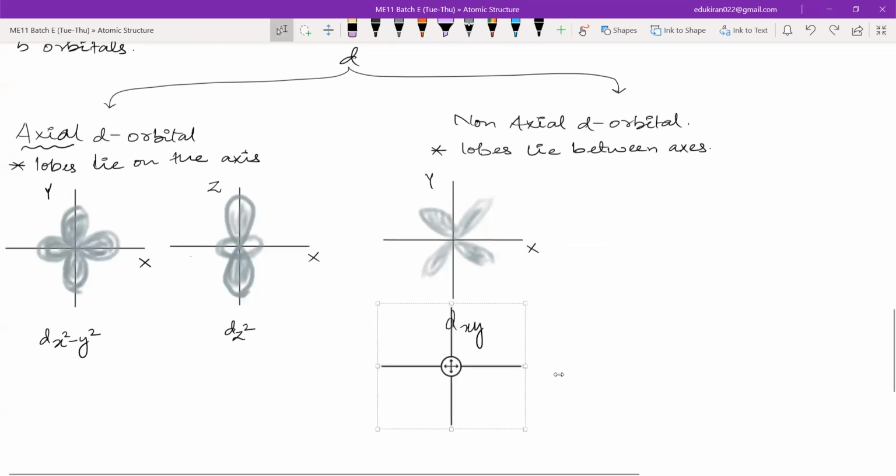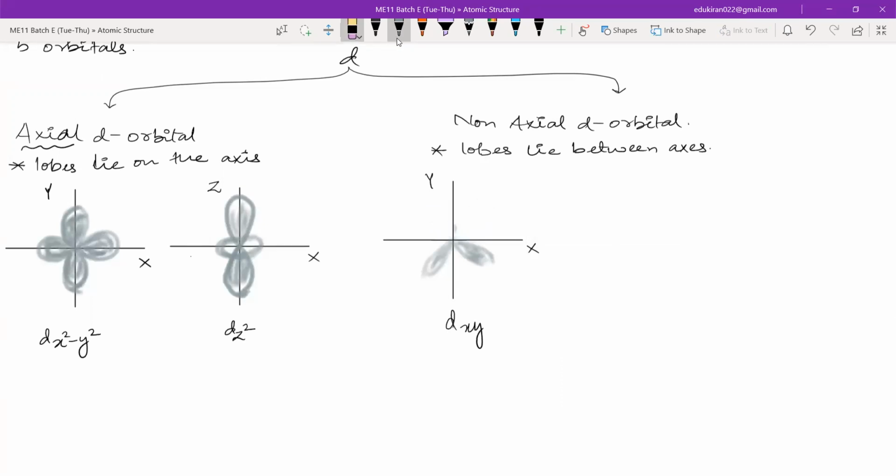Okay, what I can do is, let me make this properly. But I have to just make it once for dxy.